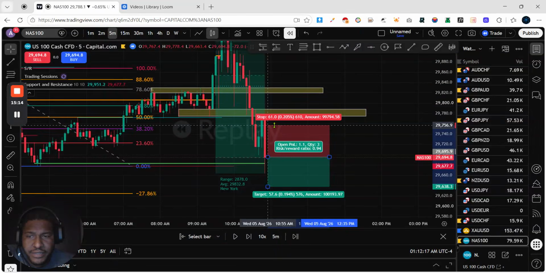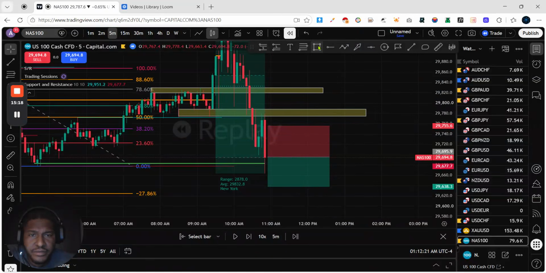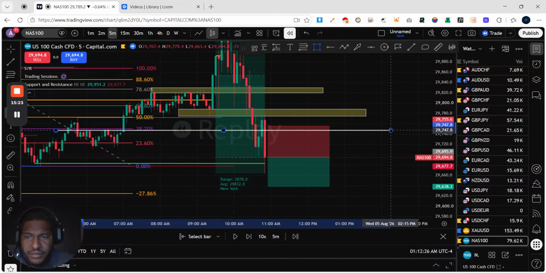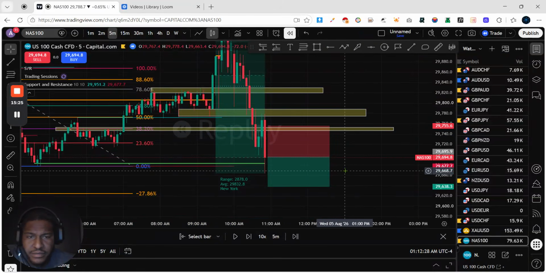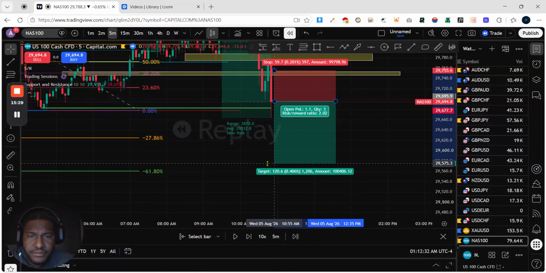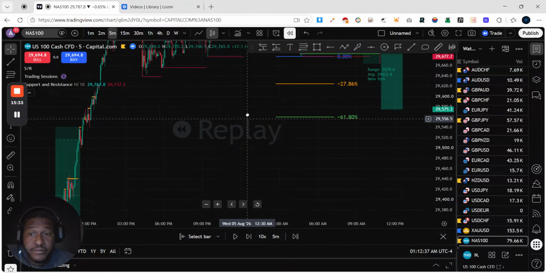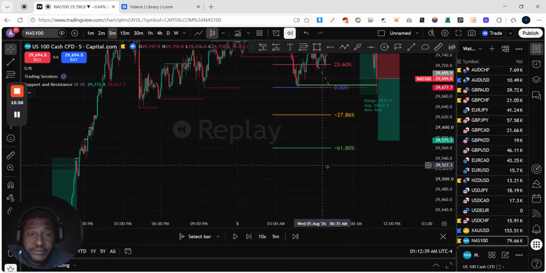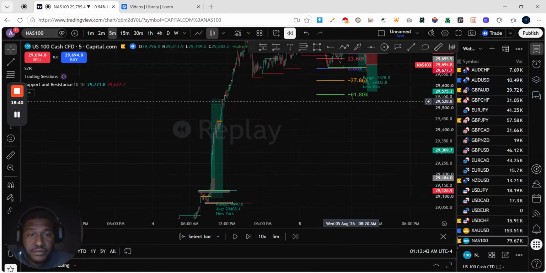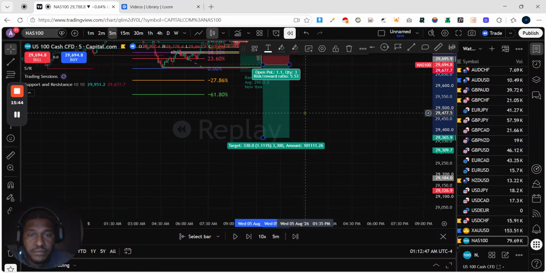Put my stop loss right here because we got a line of resistance there. Give me a 1 or 2. Well, hell, if we sell and we break past this point, shit. Hold on.